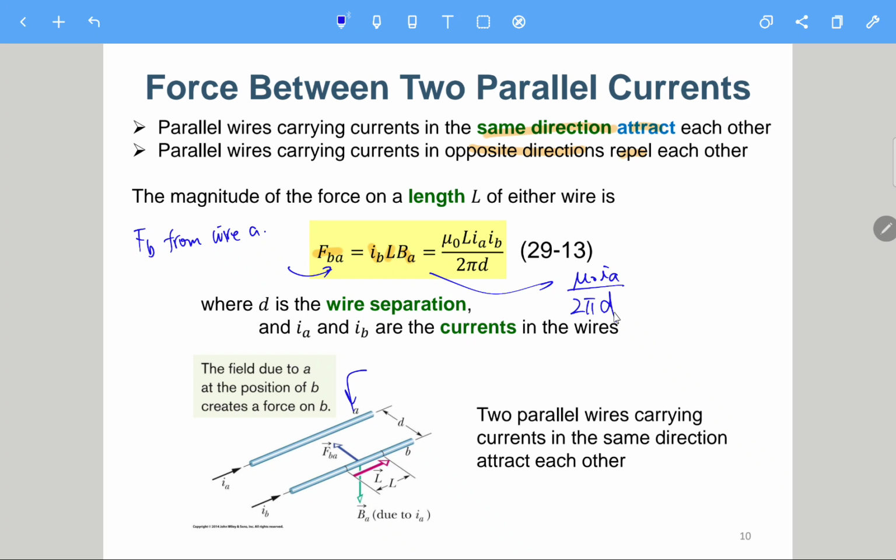Here we use D instead of R. So actually this is BA.